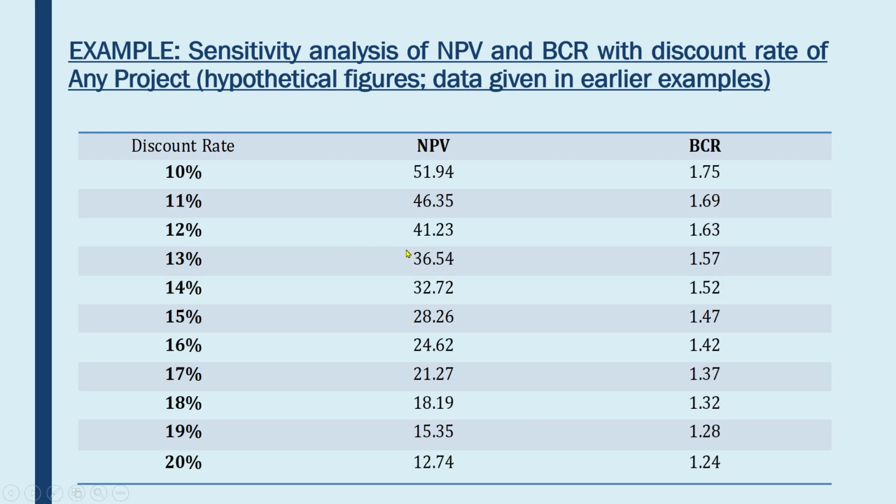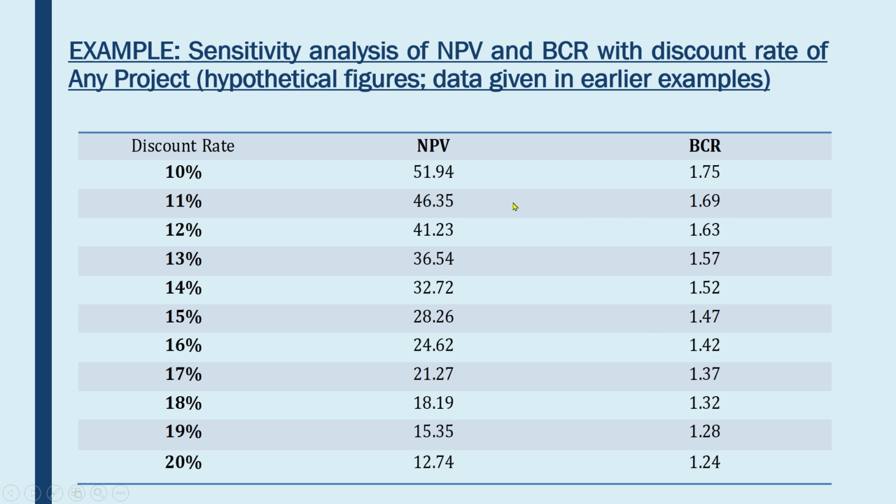See, sensitivity analysis of NPV and BCR with the discount rate of any project, using the hypothetical figures given in earlier examples. At a discount rate of 10%, we have an NPV of 51.94 and a BCR of 1.75. It is basically inversely proportional. Inversely proportional means that with the increase in the discount rate, the net present value and BCR will reduce.